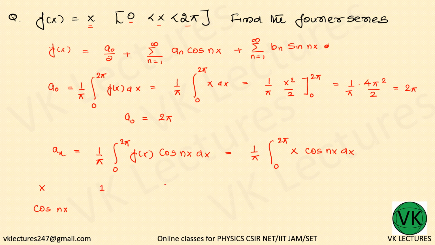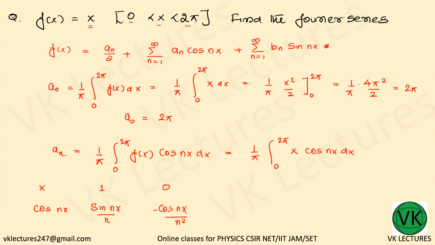Again, if we take the derivative, it will become 0. The integral of cos nx is sin nx by n. Again, the integral gives us cos nx divided by n square with a minus sign.